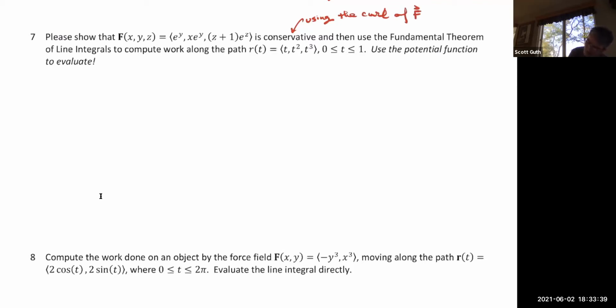Let's go ahead and do the curl of f. Well, and of course, the formula is del cross f. So we'll put in the components here.